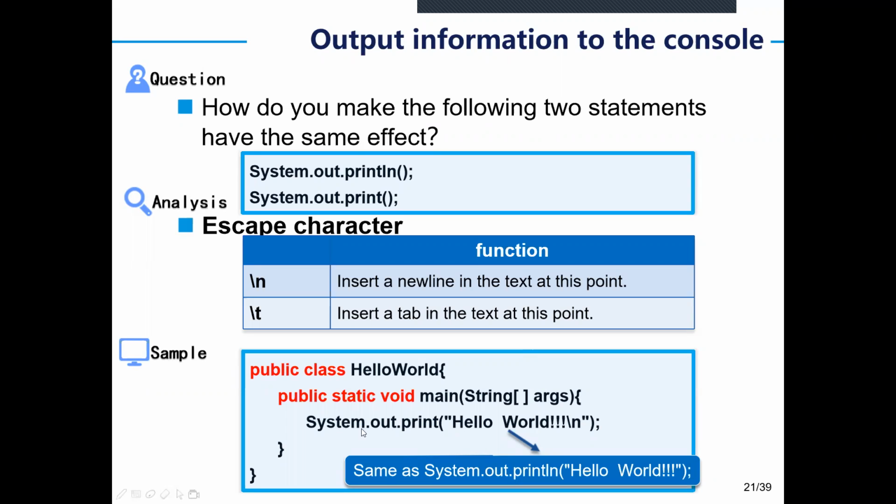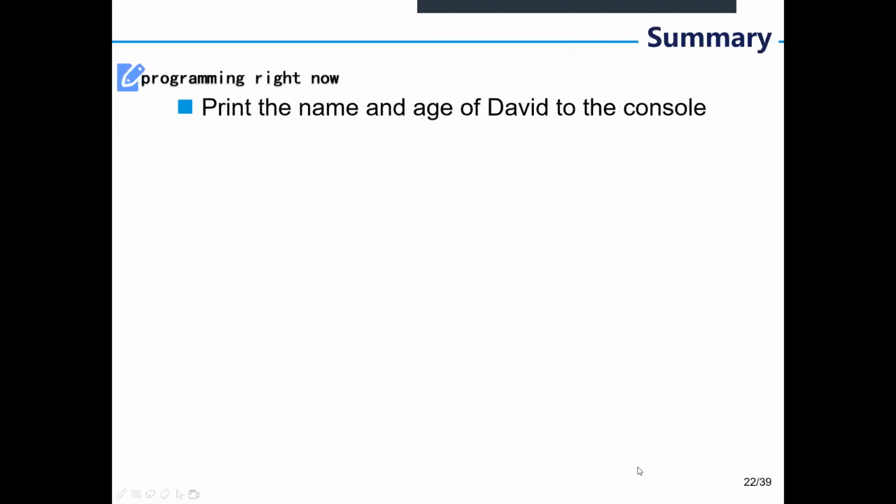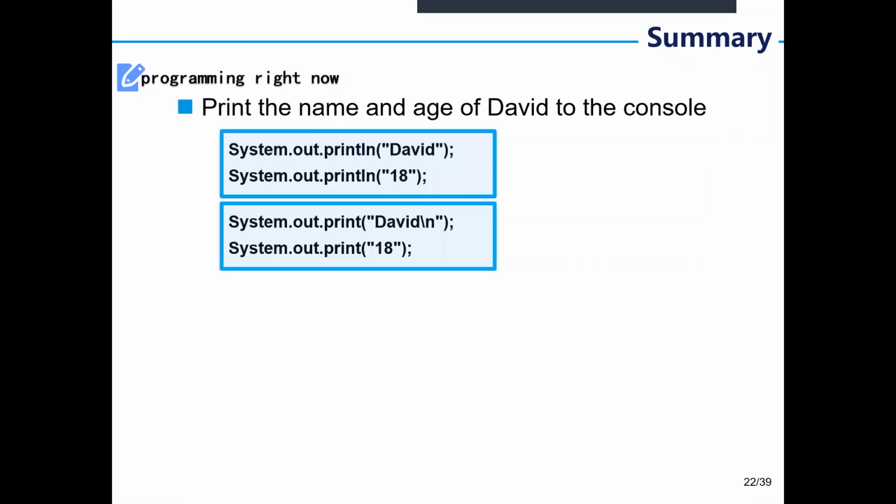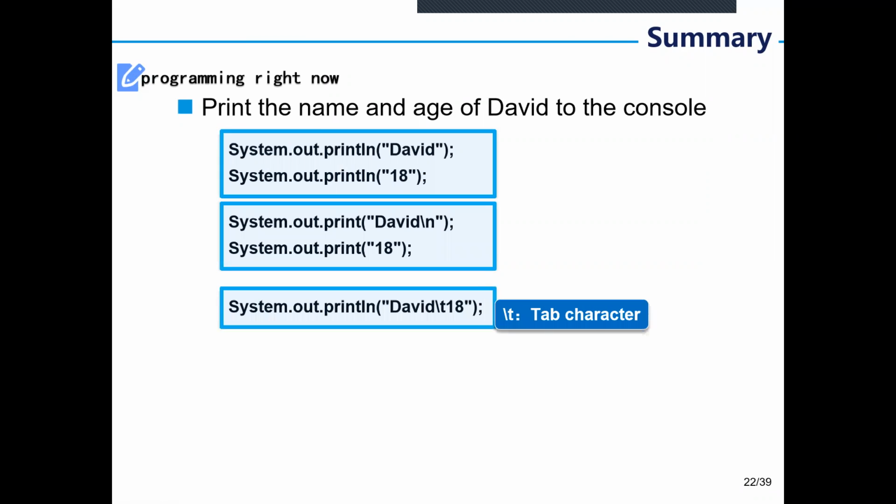So we can use them in the print method. For example, "hello world\n" has the same function as System.out.println("hello"). Summary. This is some example code for println and print.